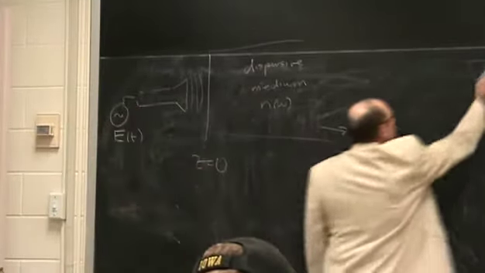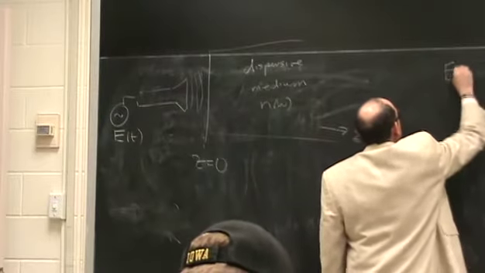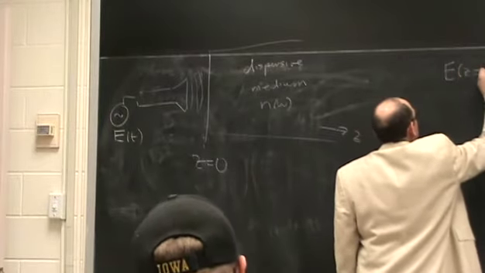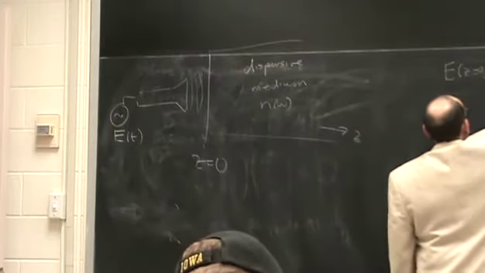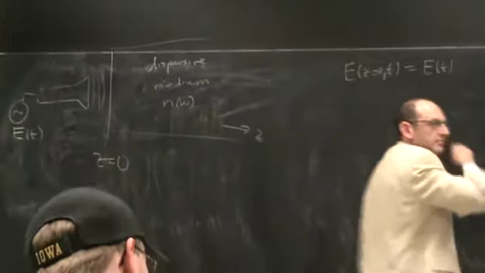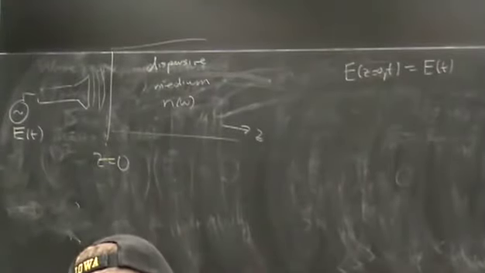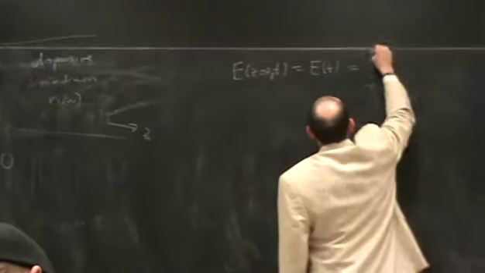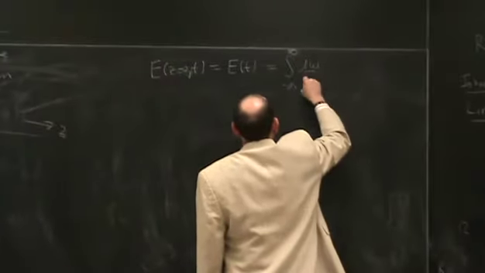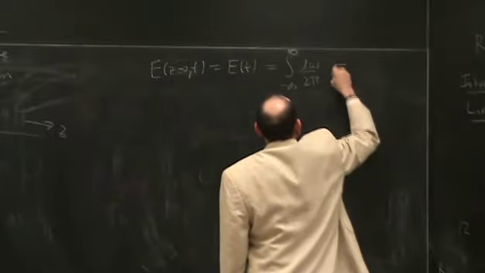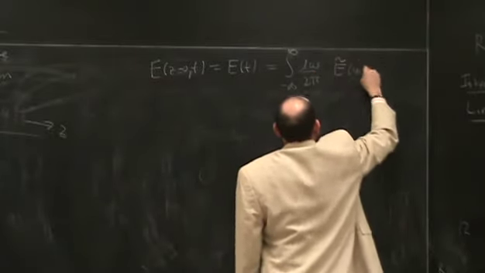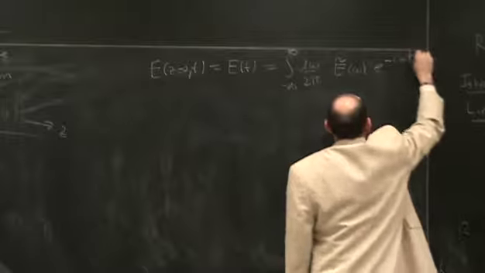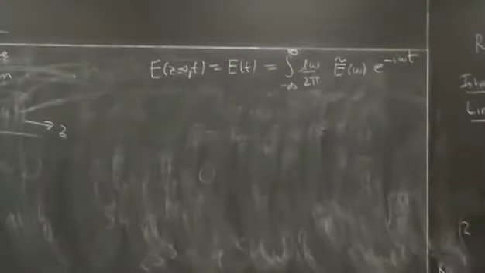So right at z equals 0, as a function of time, is some signal, which we can decompose in terms of its Fourier components, according to the Fourier transform.